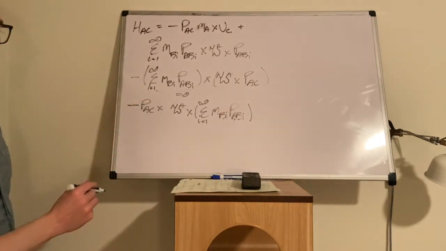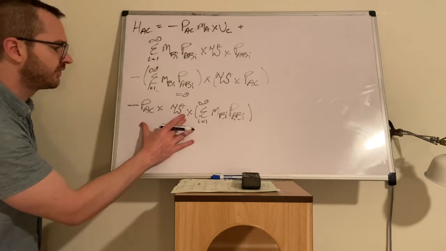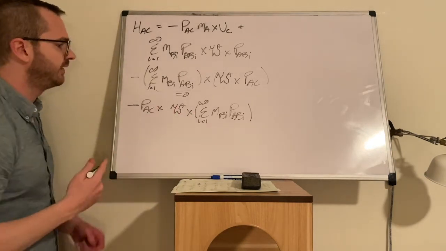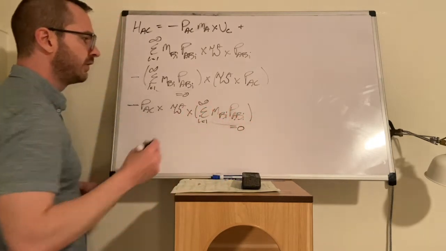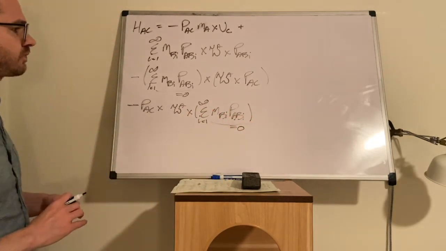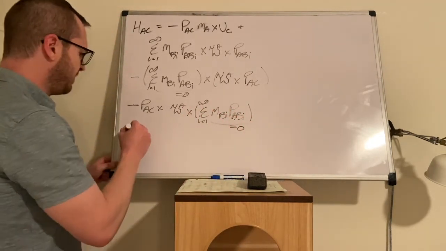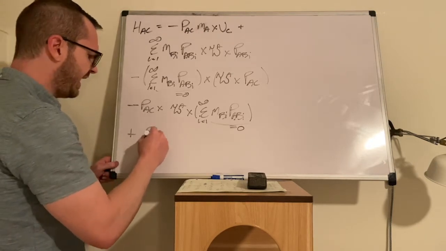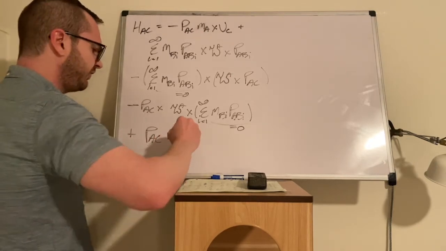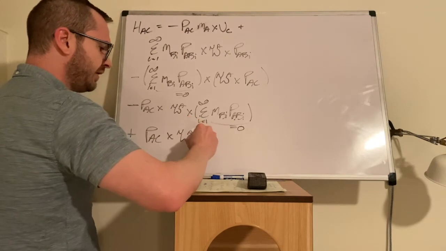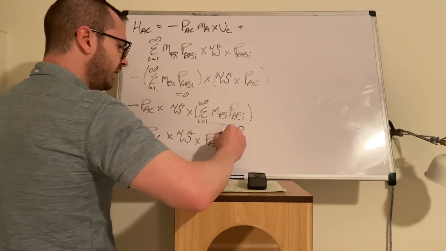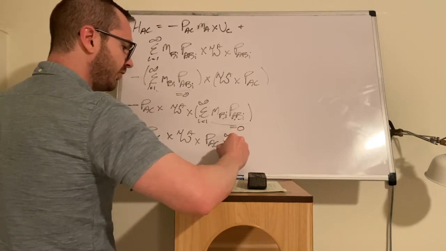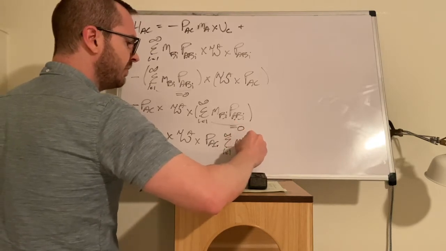We know that that now is equal to 0, and these are already on the left side. So this is equal to 0 as well. And here's the last term, plus PAC cross omega NA cross PAC, and here's the infinite summation all the way at the end of MBI.